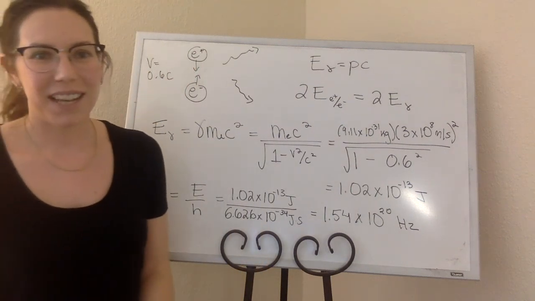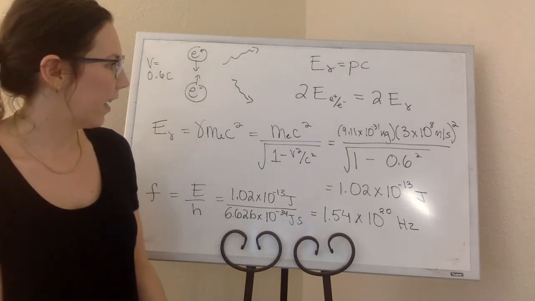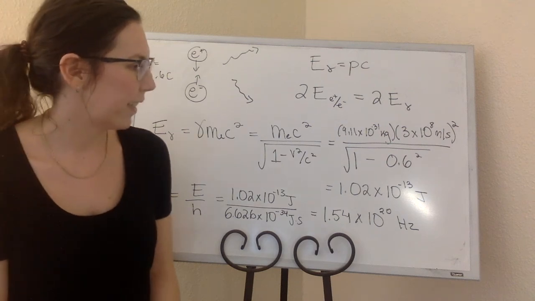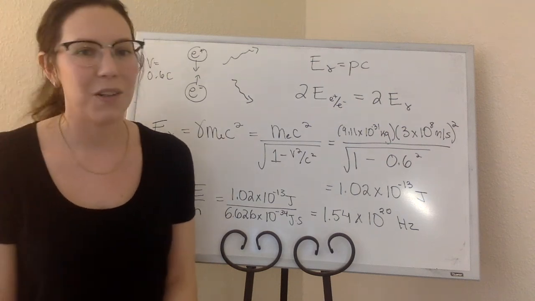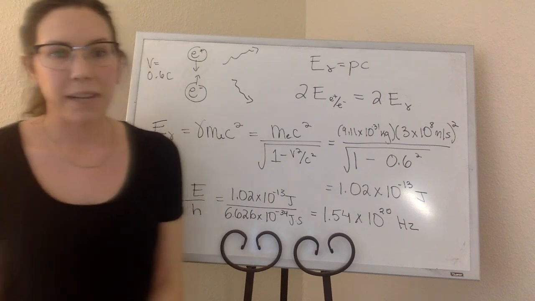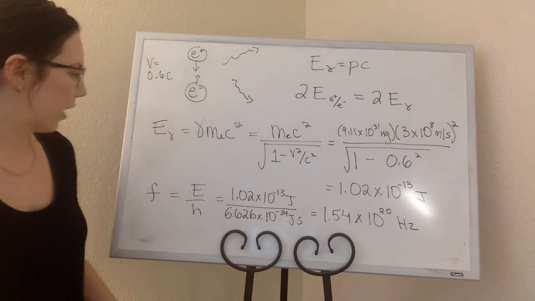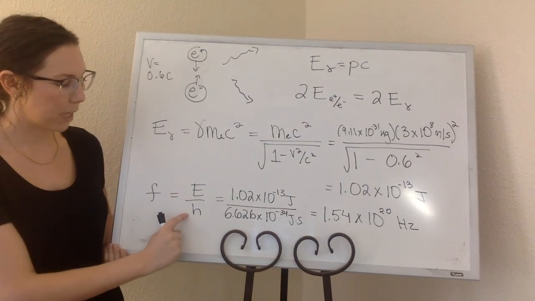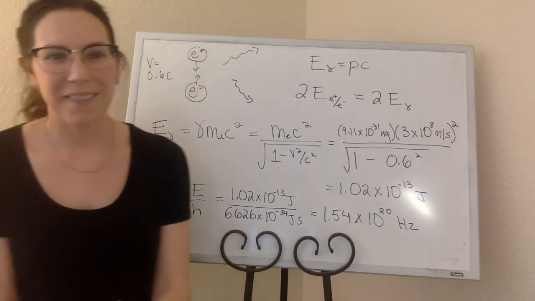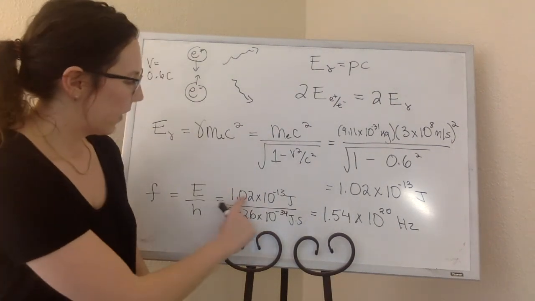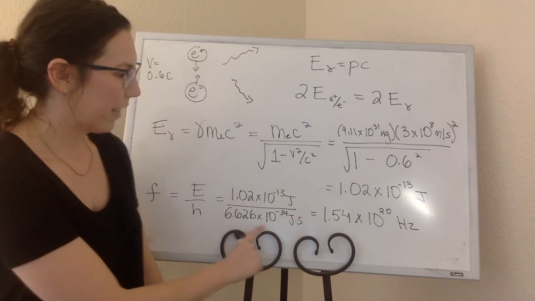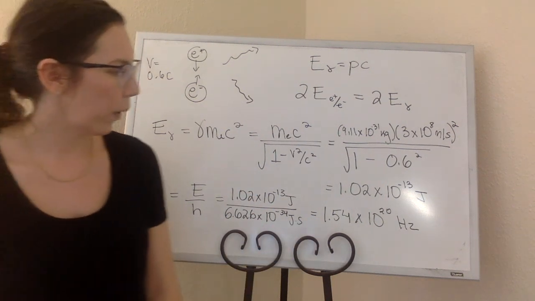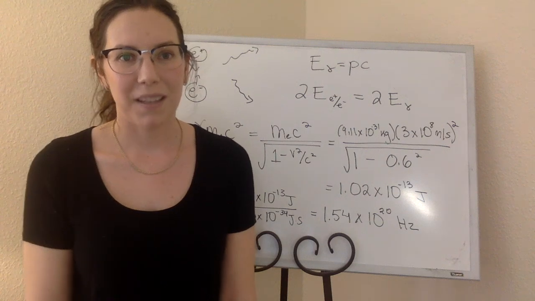Okay, and that gives us an energy of one photon as 1.02 times 10 to the negative 13 joules. Then we can find the frequency using the relationship E over h. We could find the wavelength as well if needed, which is that energy we just found over Planck's constant to leave us with 1.54 times 10 to the 20 hertz.